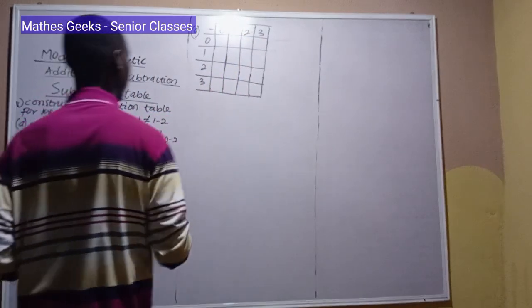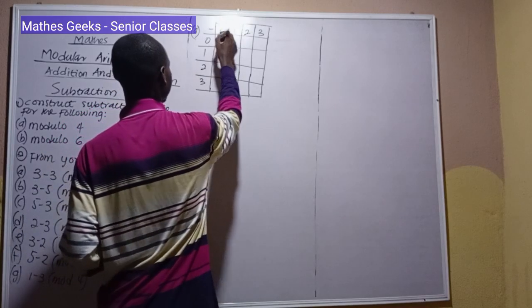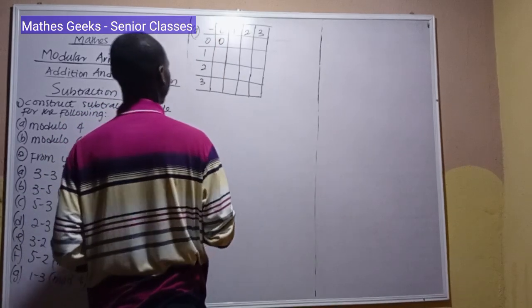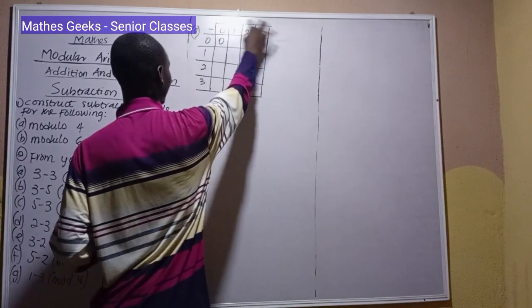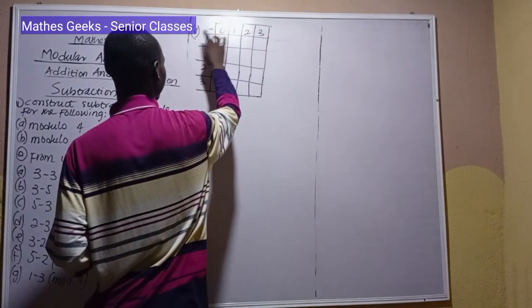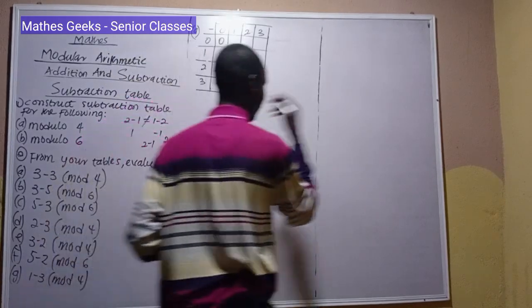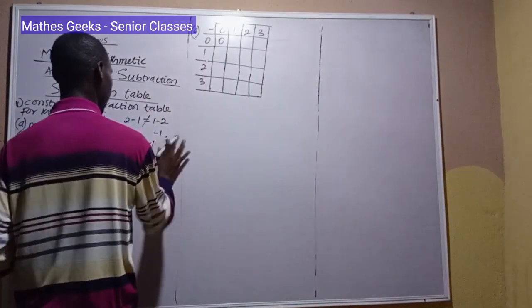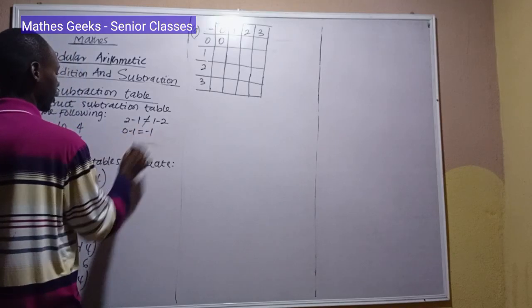So let's first of all fill up this table. Here 0 minus 0 is 0, and okay, I'm going to start with my rows. So 0 minus 0 is 0, 0 minus 1. Now from your arithmetic, 0 minus 1 is equal to minus 1.